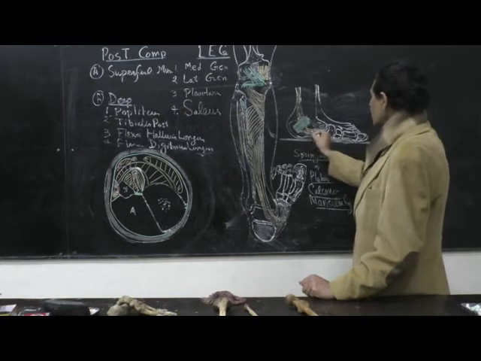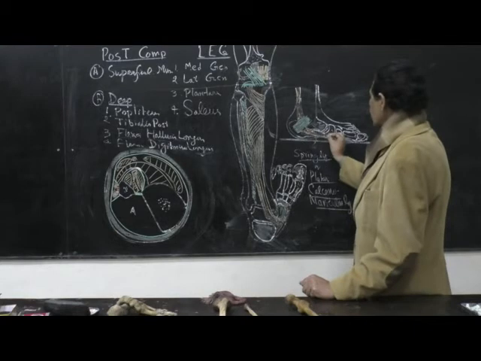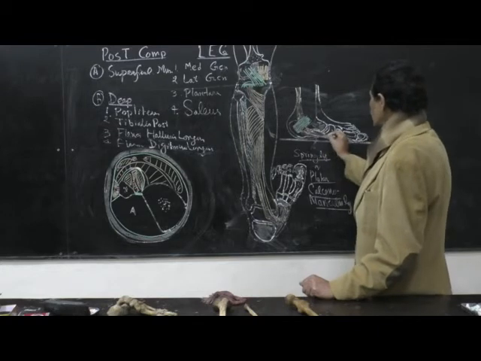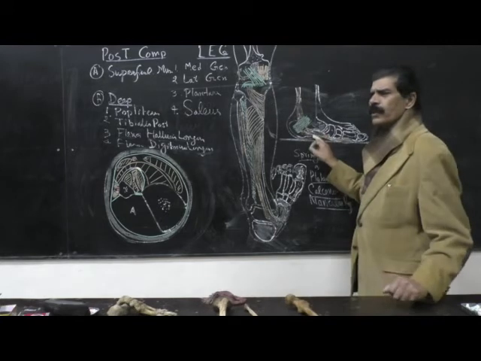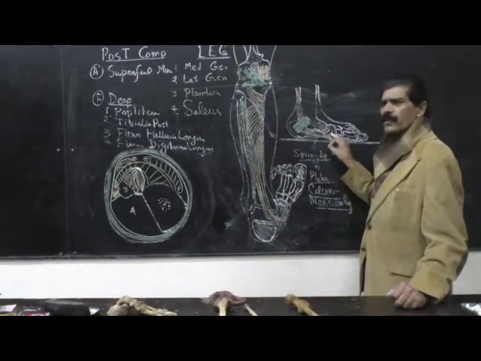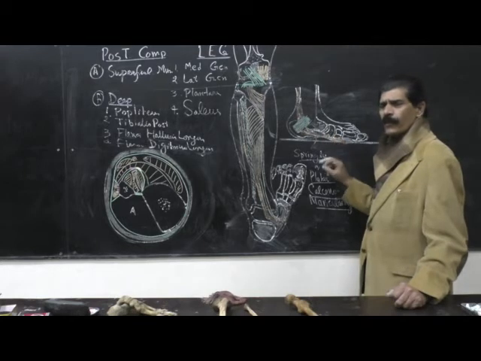From here, this tendon will enter into an oblique groove present on the inferior surface of the navicular bone. So in the sole of the foot, it enters into an oblique groove present on the plantar surface of the navicular bone.